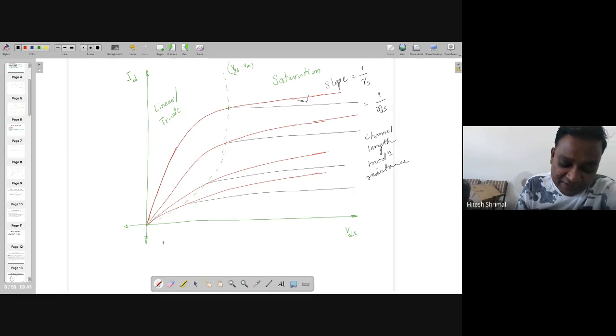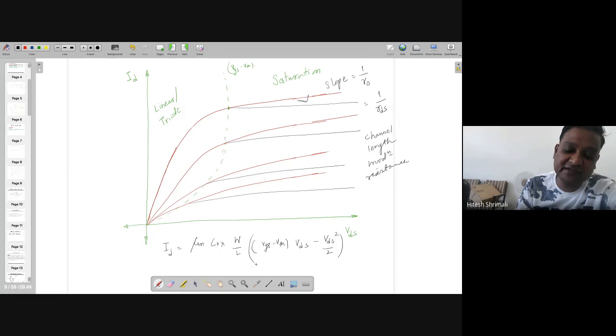So the governing equation for all these different regions of operation is as follows. If you don't consider the channel length modulation. However, if you are considering the channel length modulation, it's 1 by lambda VDS. Lambda is the ratio of delta L to L. Delta L is the extra overlap channel length, and L is the actual channel length you wanted to have.